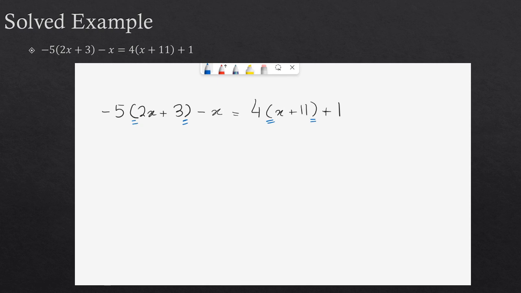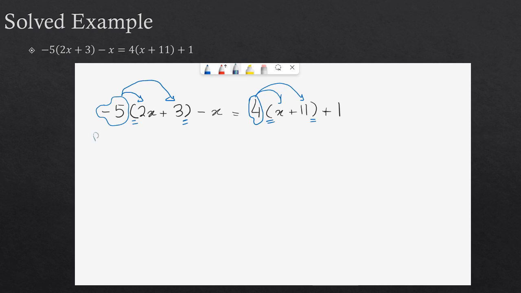First, there is minus 5 multiplied by the bracket, so we will distribute the minus 5 among the members inside the bracket, and also the second bracket is multiplied by 4, so we distribute the 4 among the members of the bracket. This is what we call the distributive property.